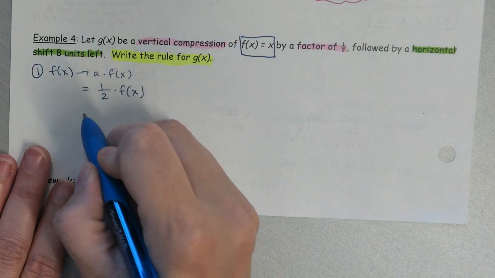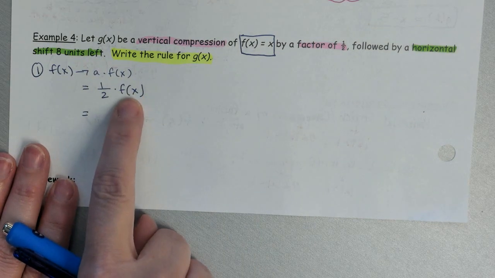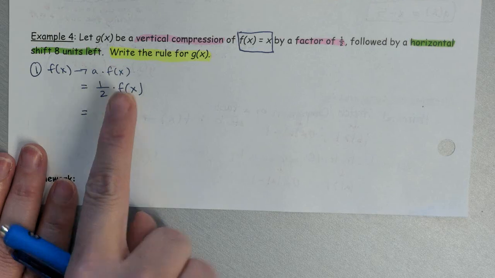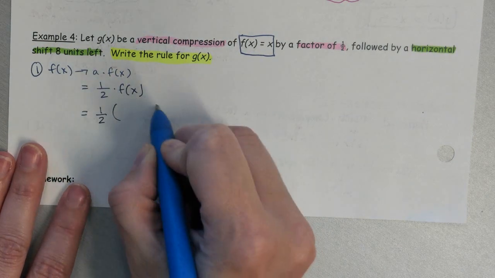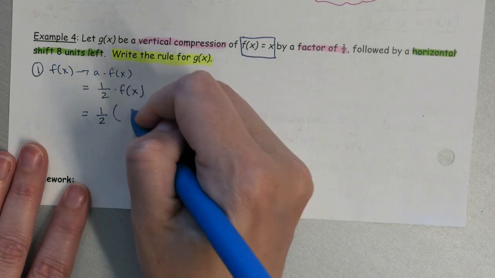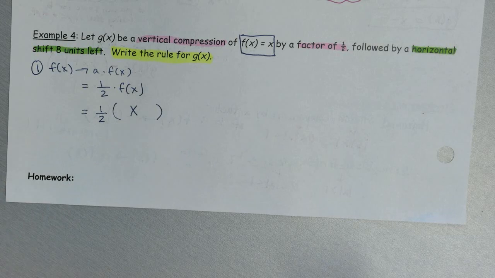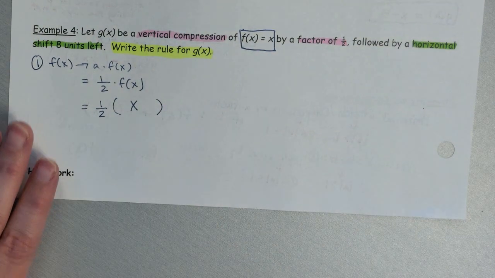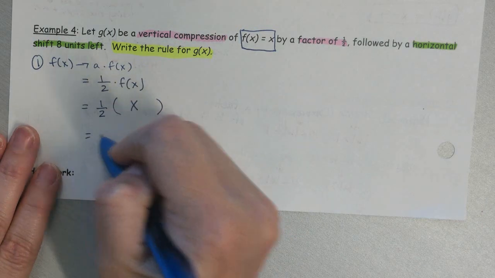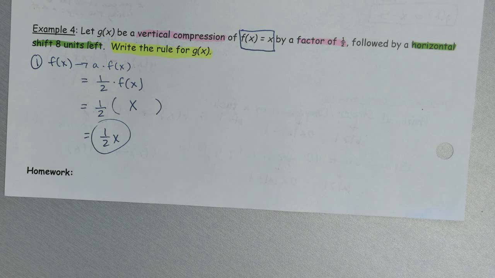Okay, so then from there you just have to decide, am I plugging in the whole equation or am I plugging something in for x? And if you see the f of x, you're going to be plugging in that whole equation, which in this case is just x, right? So you're just substituting in, if it's f of x equals x, you just have x here. So this is 1/2 x. That's what we found in step 1. So that's what we're going to use when we go to step 2.